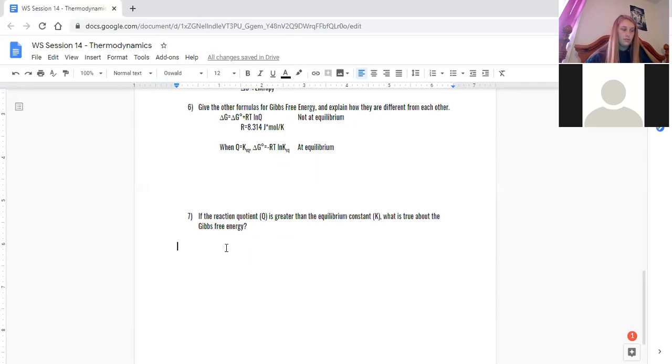So if Q is greater than KEQ, that means that we're going to have positive delta G naught here.